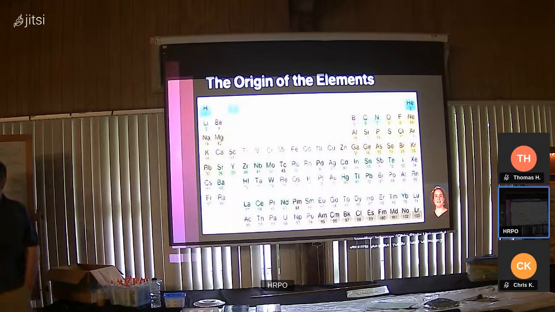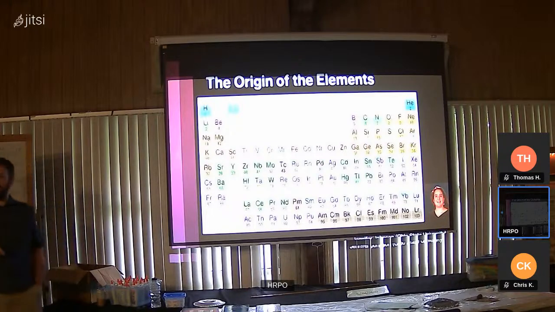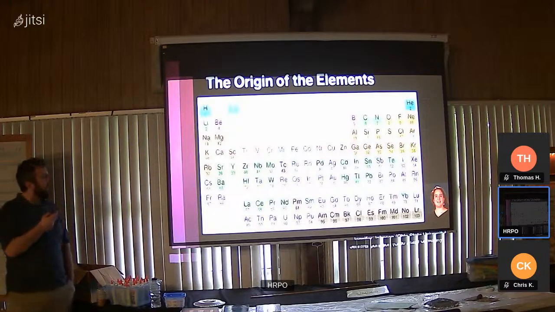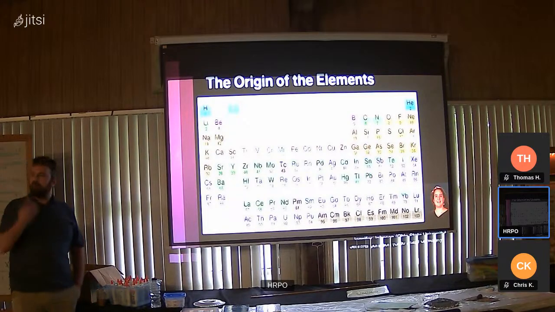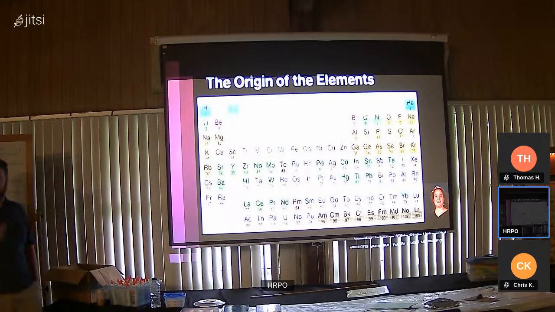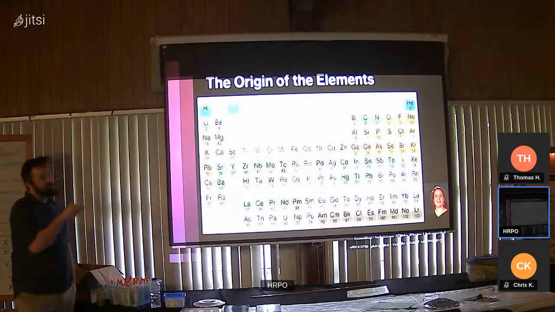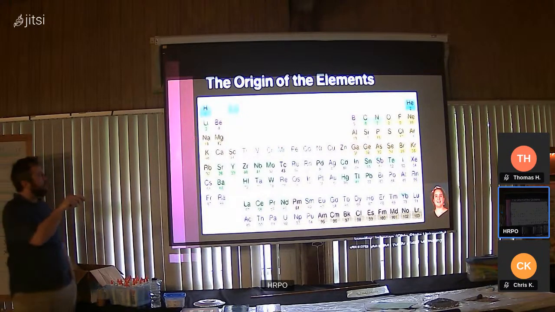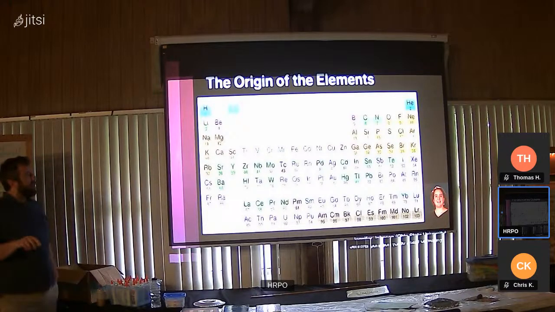It's observed in certain stars, and so that implies that it is created in astrophysical processes, but it has a very short half-life of a few million years, so it has to be continually replenished to be able to observe it. So that's where most of the elements come from. Last one, cosmic rays, just creates a few special elements here, beryllium and boron. Okay, so that's where everything is coming from.